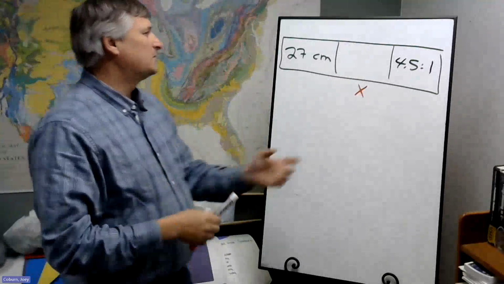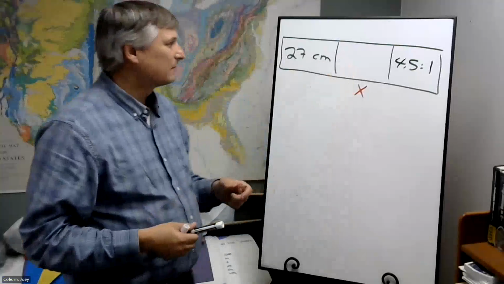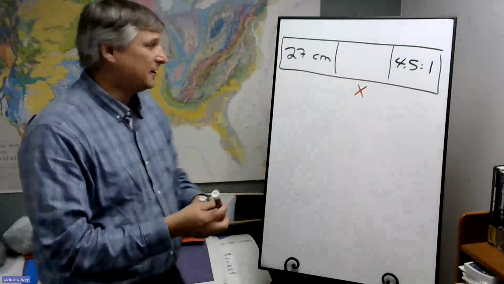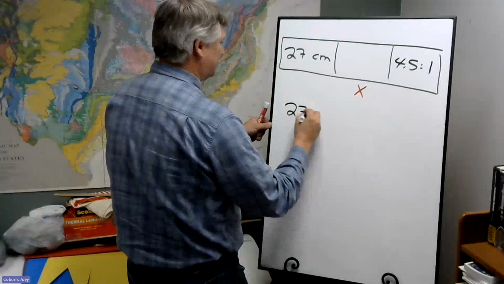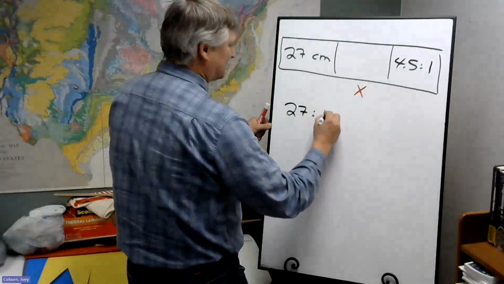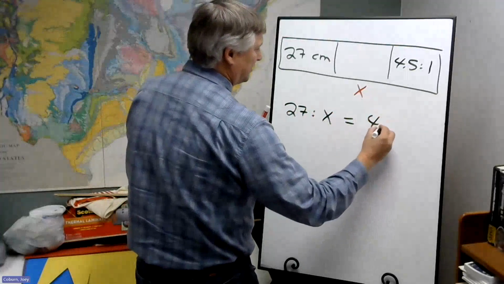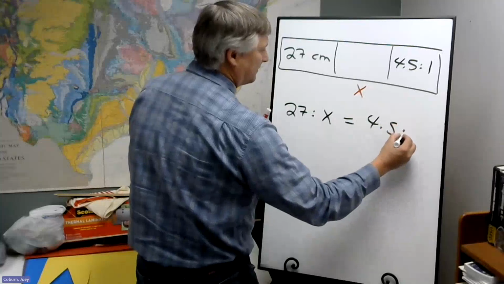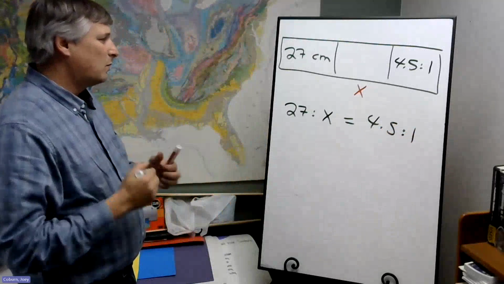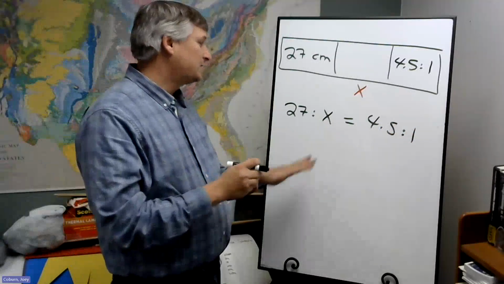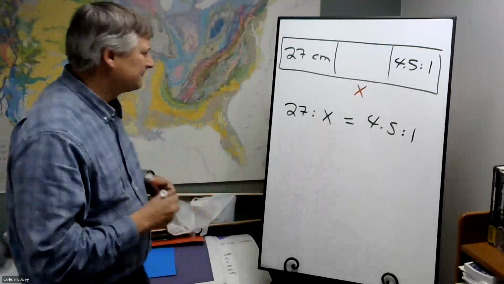And what we want to do is find x. So what this is saying is this. It's really saying 27 to x is the same as the ratio 4.5 to 1. That's what this is saying. And what we're tasked with doing is finding x.